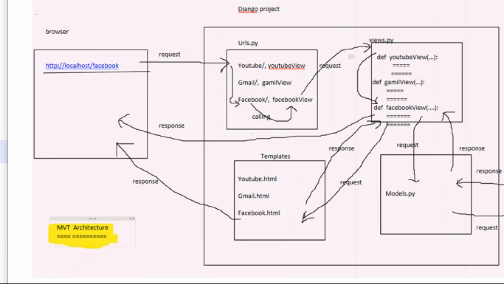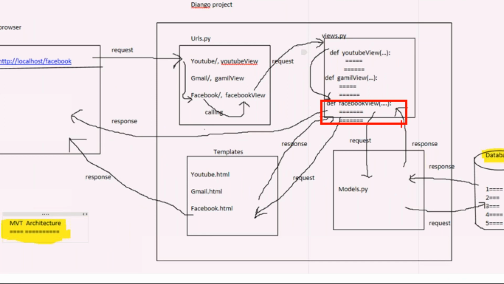And next, our view always interacts with models. URLs call the view name. All views are available inside the views.py file.